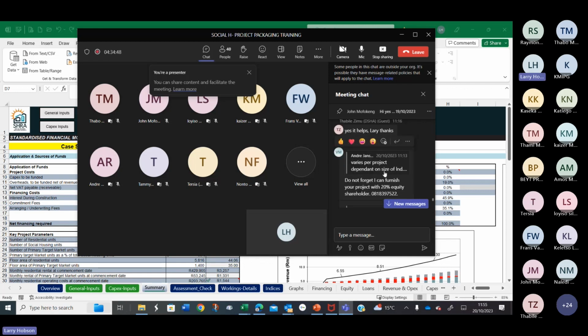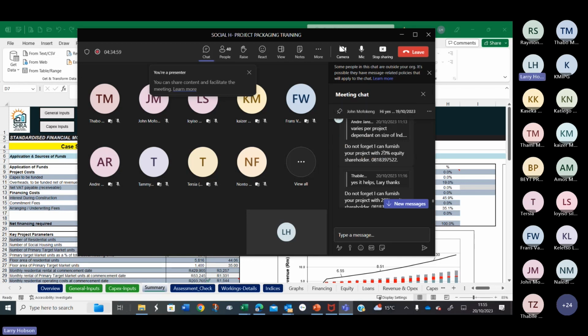I think that answer has been questioned. Figure out and finish your project with a 20% equity shareholder. Good. So anyone wanting a 20% equity shareholder, call this number.